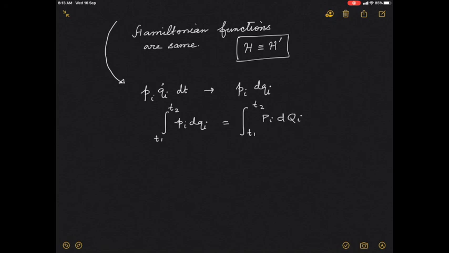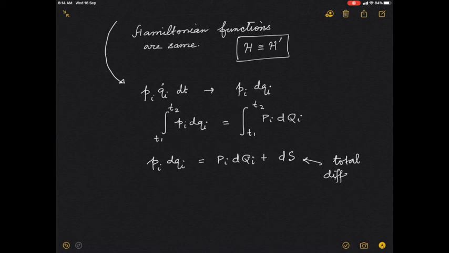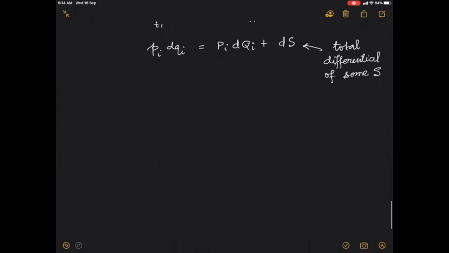So if I write Pi dqi not equal to Pi dQi only, but add a total differential of some function S, then what will happen?